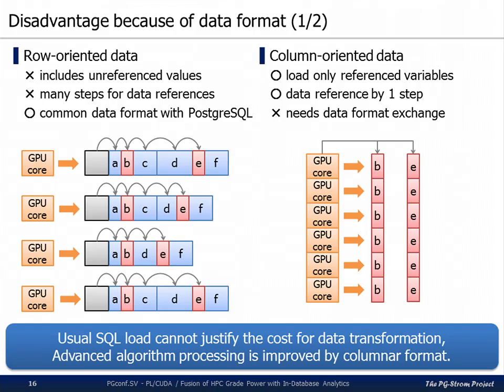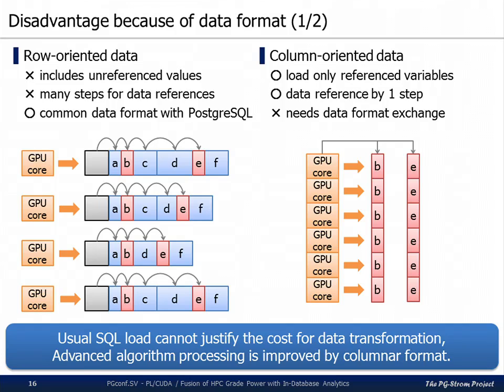On the other hand, if we have a data set in a columnar format, all we have to move into the GPU device is the column that is referenced. So it allows reducing the transfer cost.